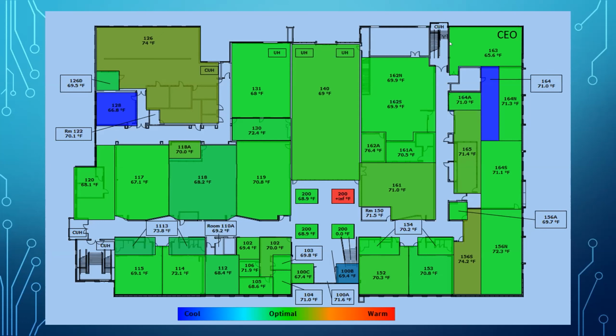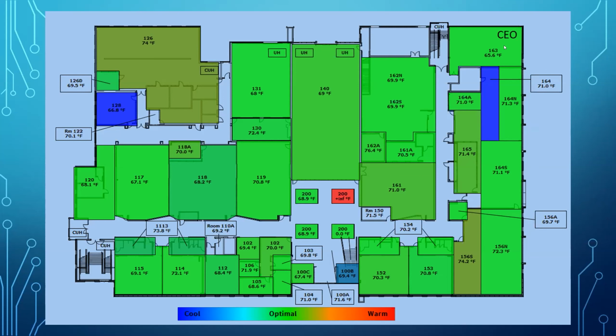I do want to point out something. Our CEO's office is right up here in this top right corner. We know because it has this note here on the graphic, CEO, which is useful. We've got room numbers, but as a new building operator, knowing what those room numbers mean may or may not be useful. Okay. But what do we see here with our CEO's office?